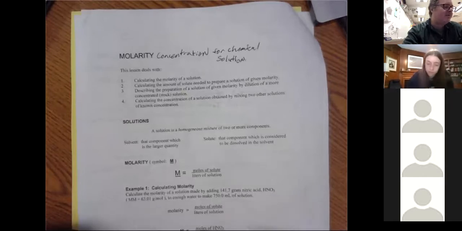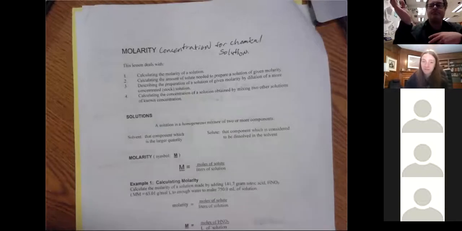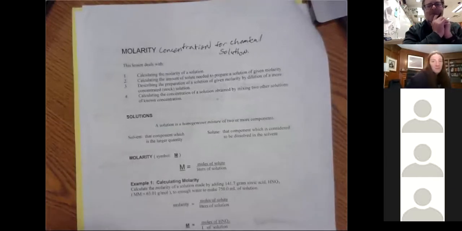How about, anybody ever drink orange juice? Yeah, what does it say on there? Made from? 100% juice. I hope so. You're drinking the good stuff, actually. Not everybody can drink that fresh squeezed stuff.